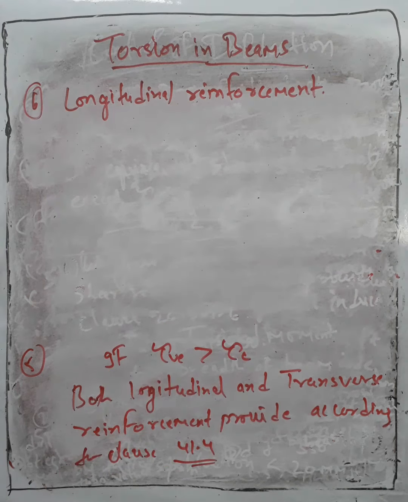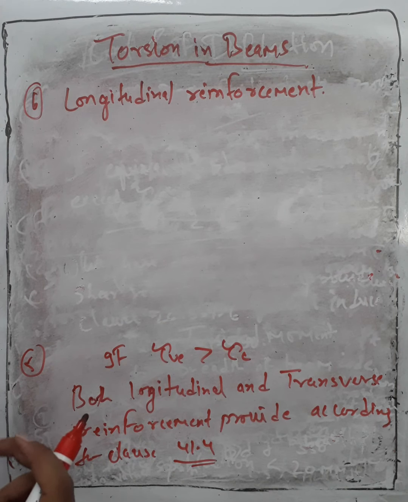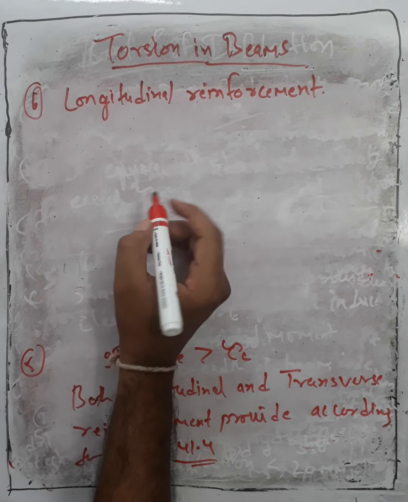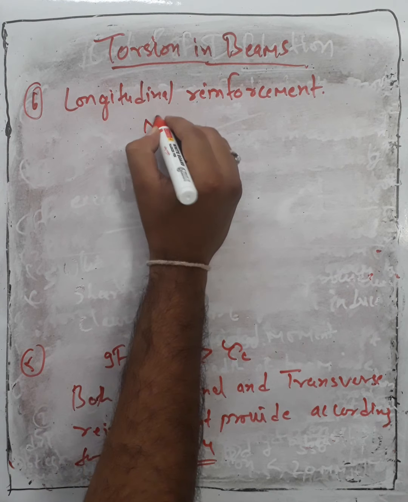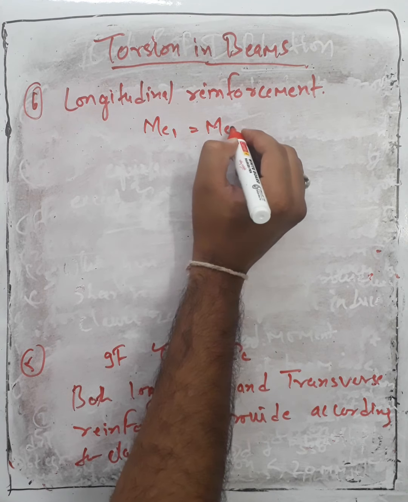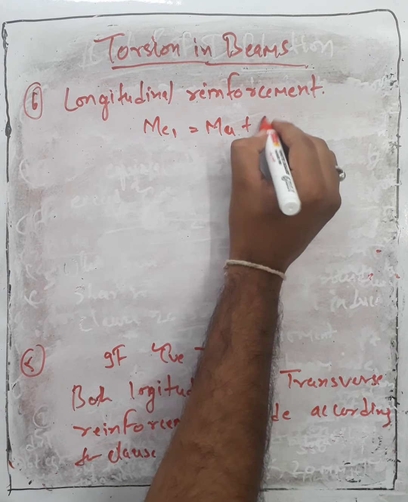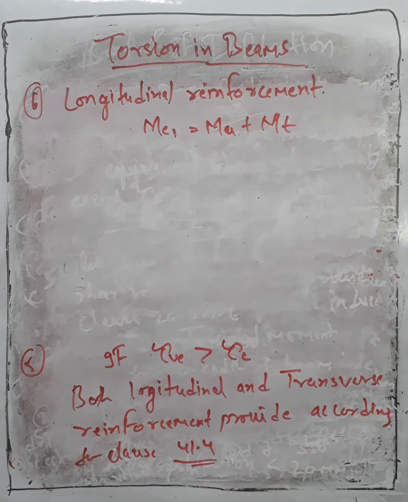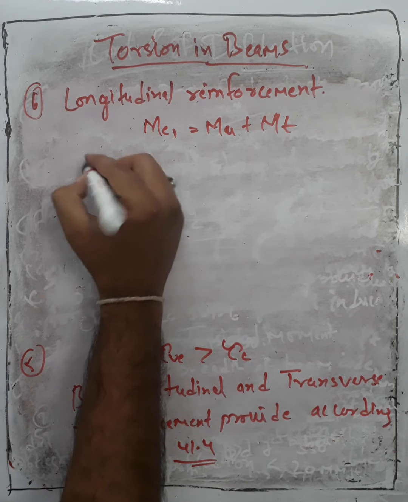First we provide it in the tension zone. There is one formula for this: ME1 is equal to MU plus MT.